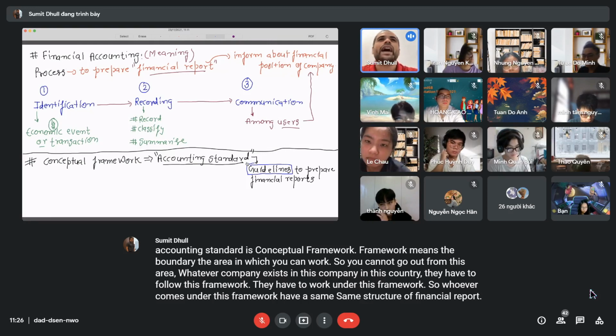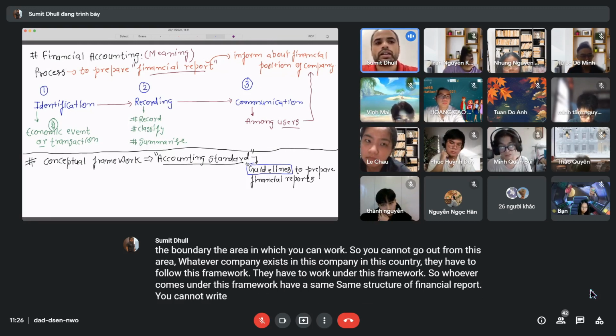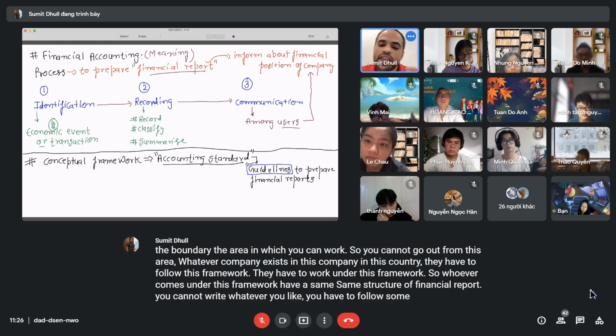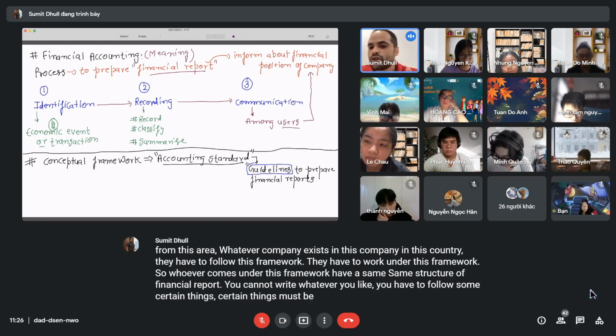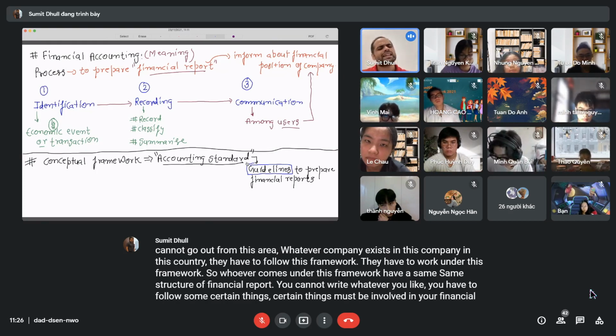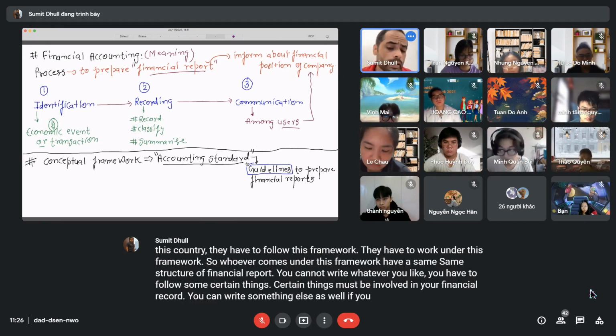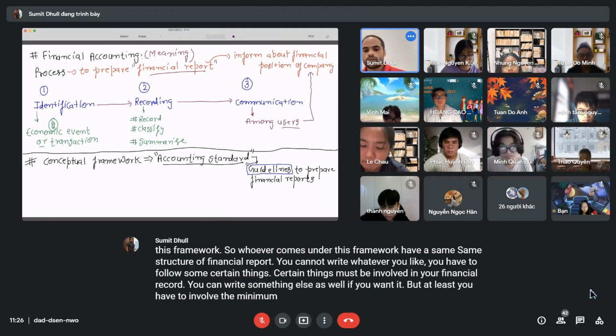You cannot write whatever you like. You have to follow certain things. Certain things must be involved in your financial report. You can write something else as well if you want, but at least you have to include the minimum things when you are preparing financial statements.